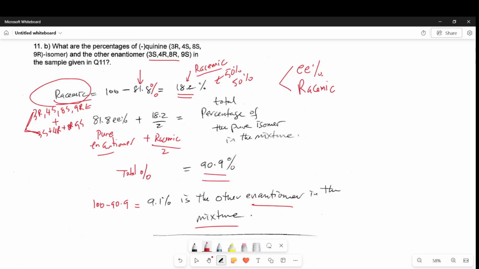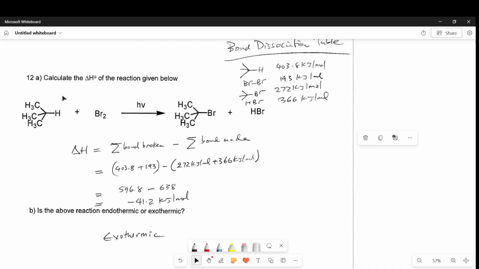Okay, we'll continue now to problem number 12, or exam question number 12, rather. Okay, so the next question, 12a, asks us to calculate the delta H, heat of enthalpy of the reaction given below.